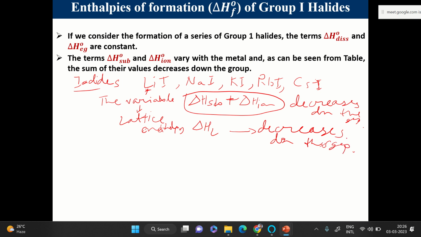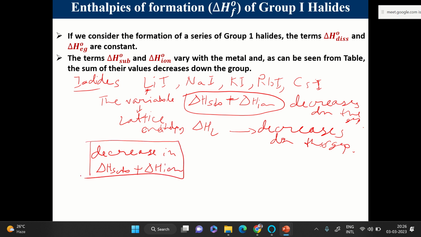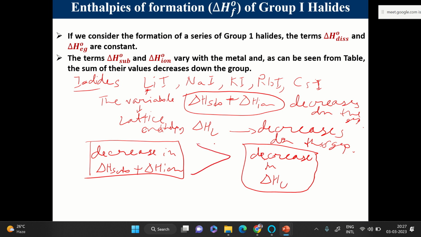But the important thing to note is that the decrease in delta H sublimation plus delta H ionization, if you compare it with the decrease in delta H lattice, this decrease is much greater.